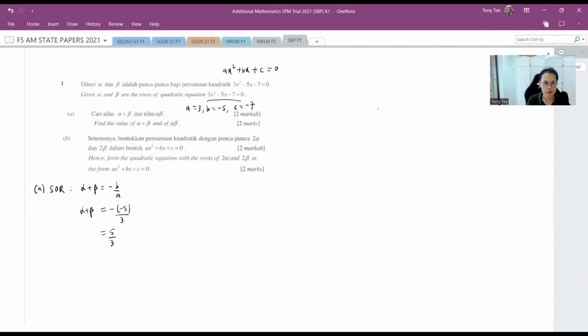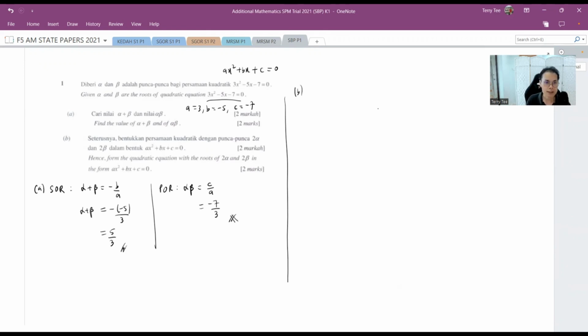Whereas for your POR, product of roots, it is given by alpha times beta equals c over a. So my c is now -7, my a is now 3. So for part A, we're just finding alpha plus beta and alpha times beta.